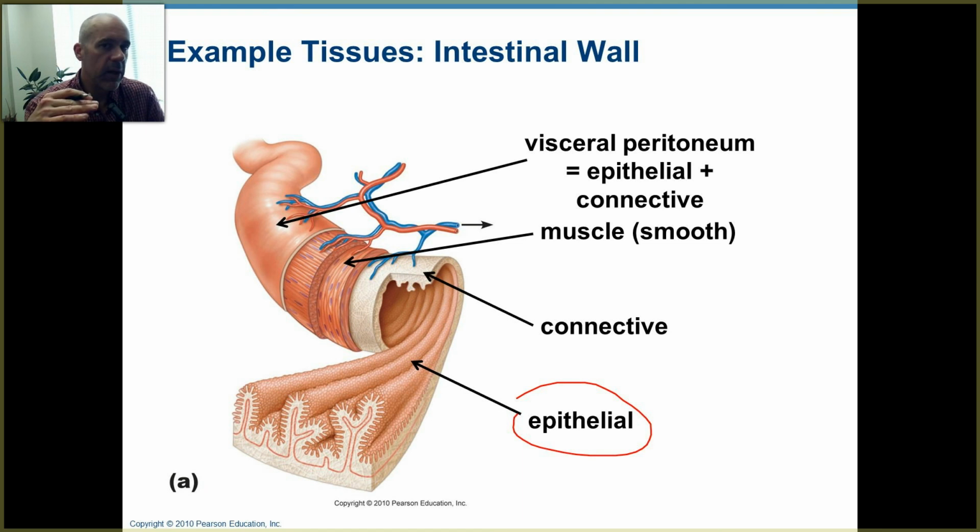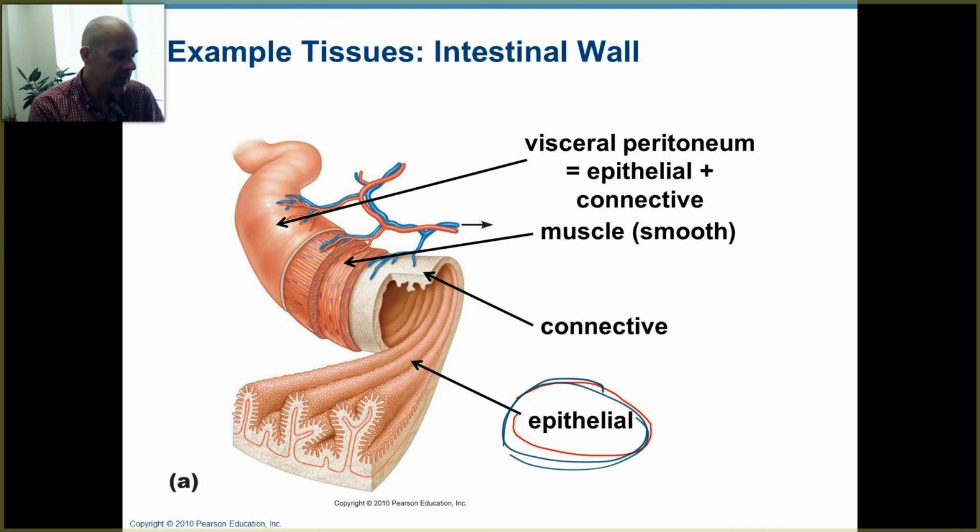So again, the skin is a type of epithelial tissue, but if you look inside the body, wherever you have a covering around an internal space, that lining that you have there is going to be composed of epithelial type tissue. So that's what you would have there at the surface. The cells there of those epithelial tissues are going to be involved with absorbing nutrients from your diet.